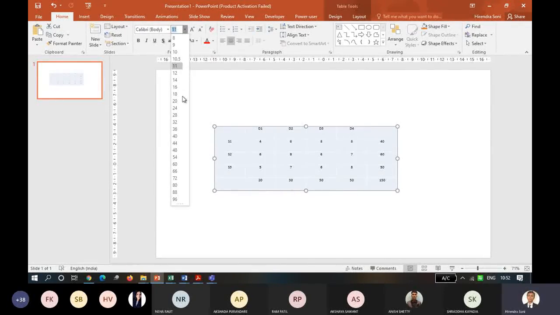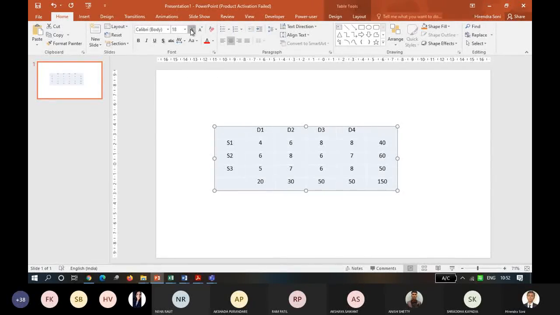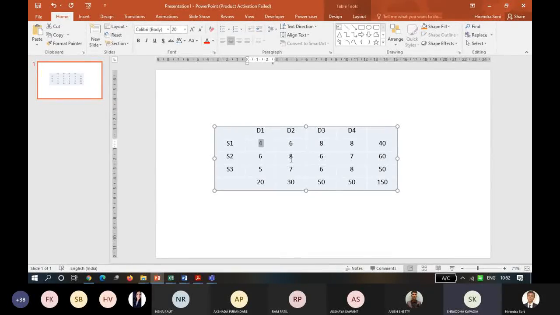Increase the font size so that it is visible to all. Is it visible to all, or should I increase more? So it is visible.